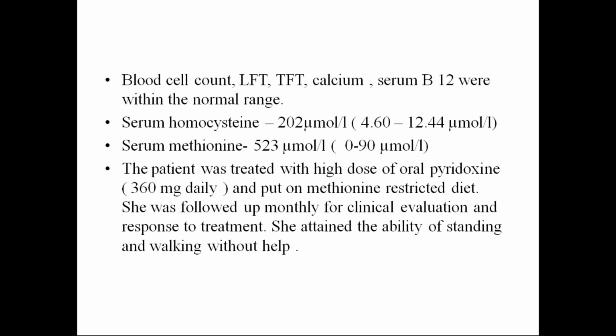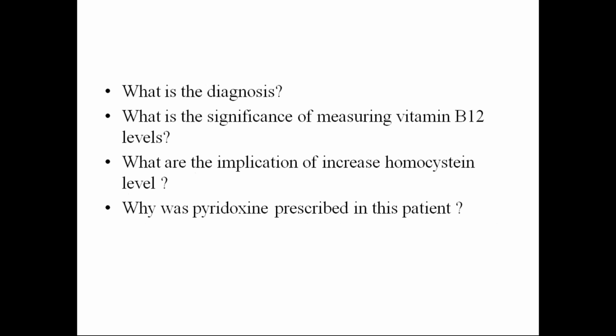Homocysteine level is increased here, 202. What can be the possible outcome of this increase in the homocysteine level? And for treatment, pyridoxine was given. So why is pyridoxine given for treatment of this patient? Those are the other questions.